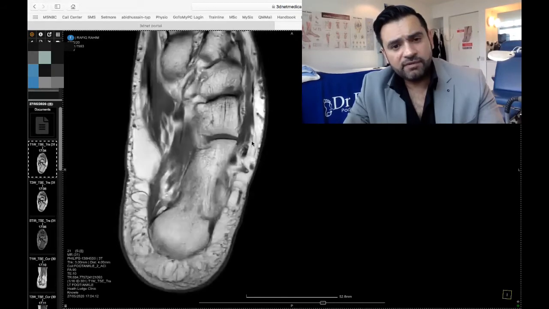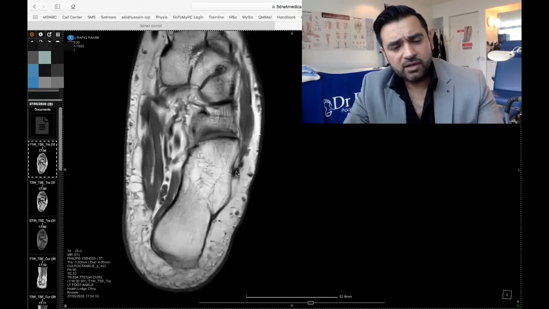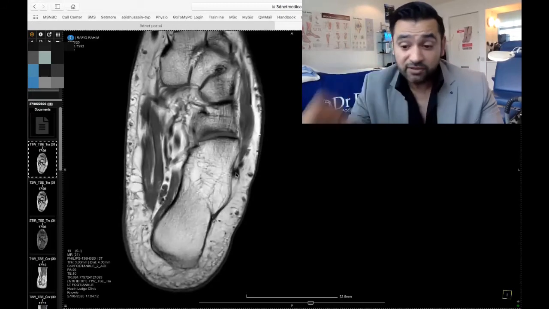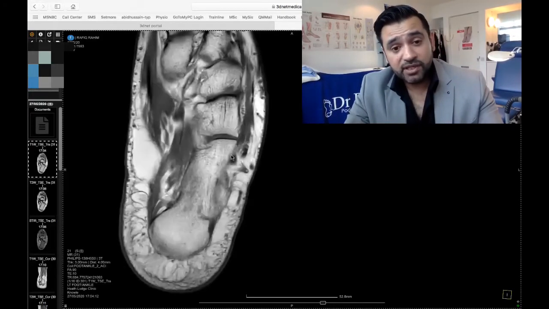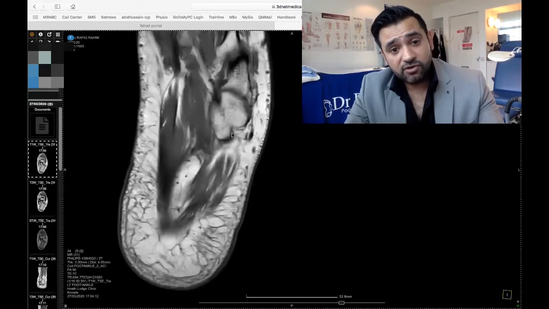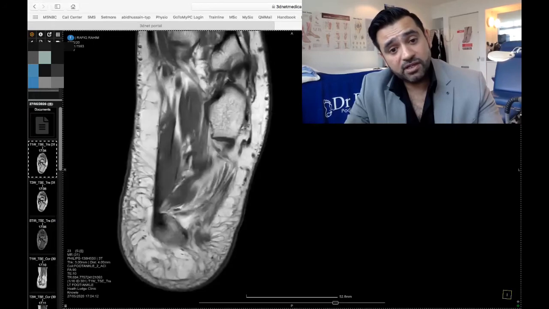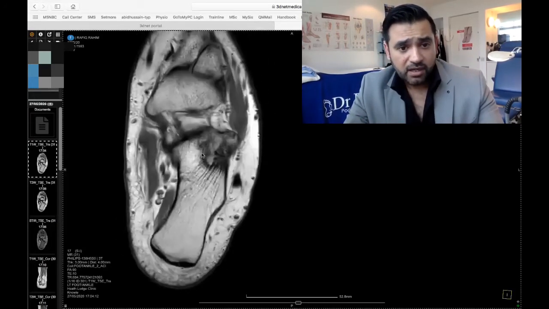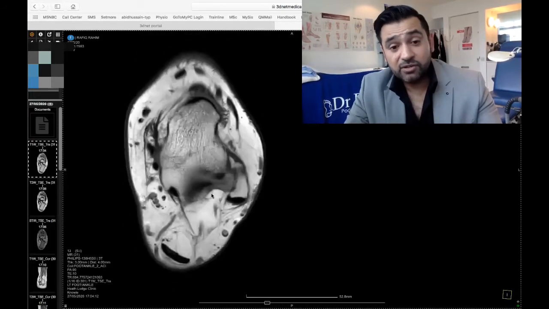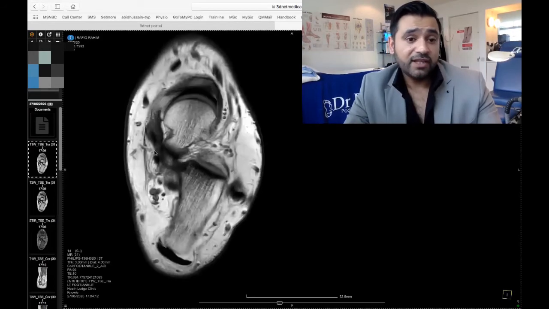So if you ever get patients complaining of pain in that region, it could be the insertion of the peroneus brevis. This peroneus longus tendon shoots across the cuboid there and attaches to the base of the first metatarsal. Those are the 2 peroneals, and there are loads of problems that can occur within those 2 structures.